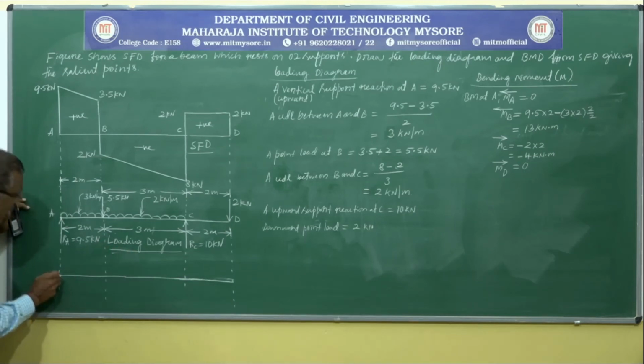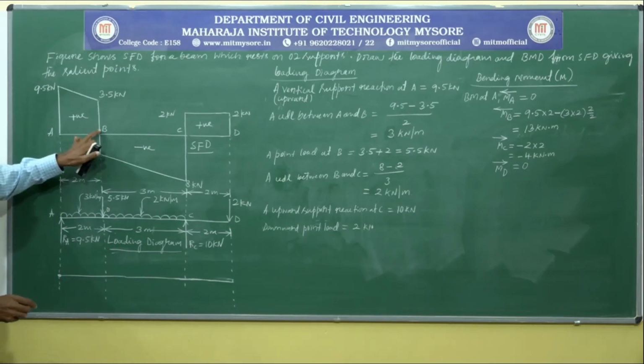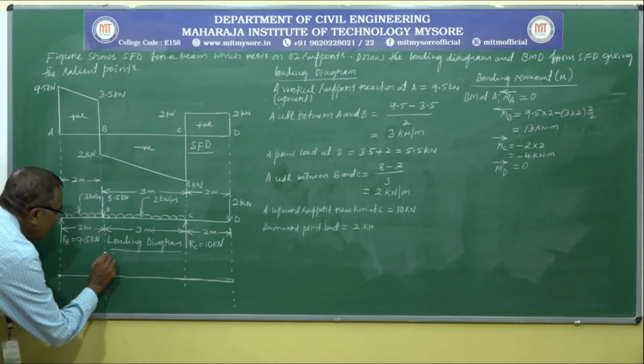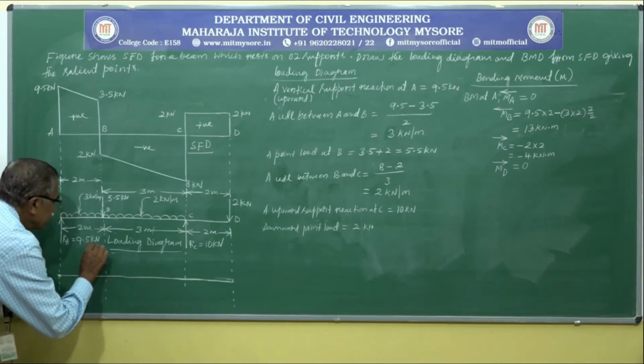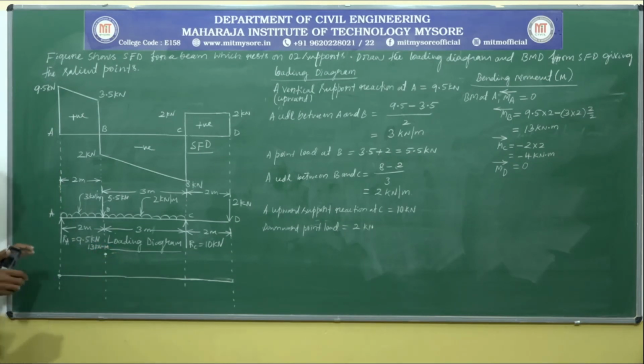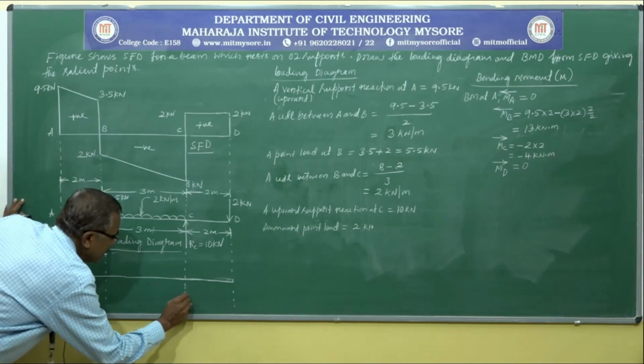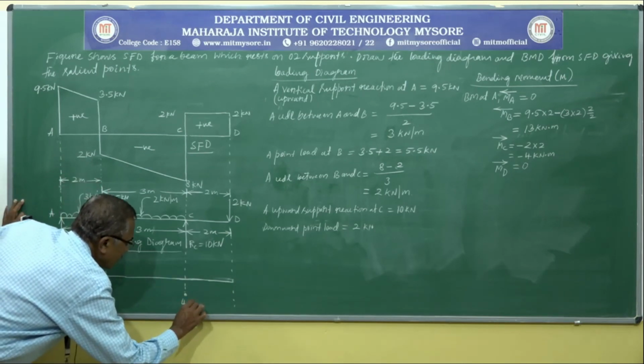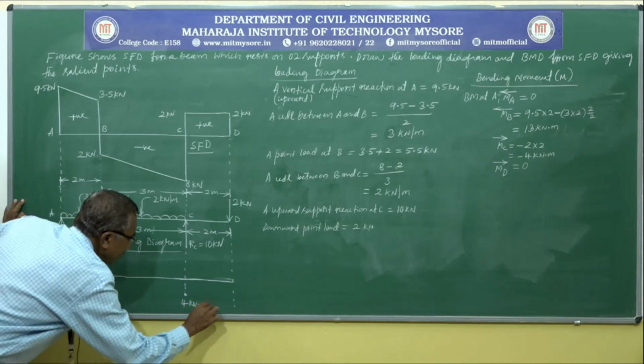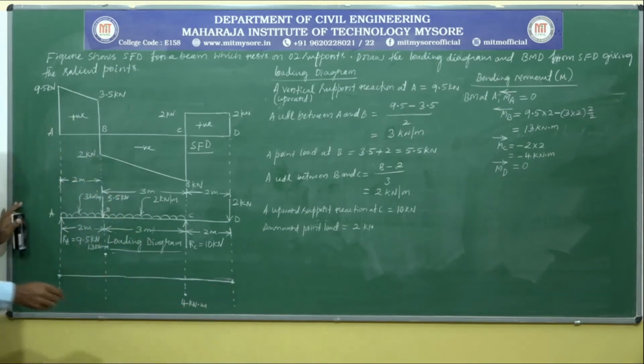Bending moment at point A 0, bending moment at point B it is 13 kilonewton meter. Then bending moment at point C minus 4, it is below reference line. Lastly, bending moment at point D 0.